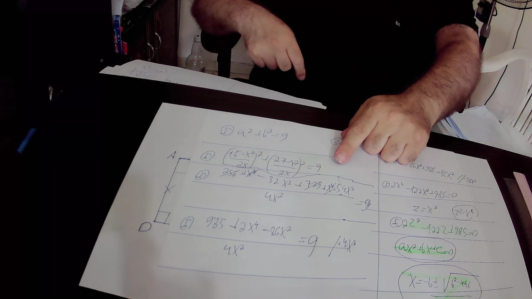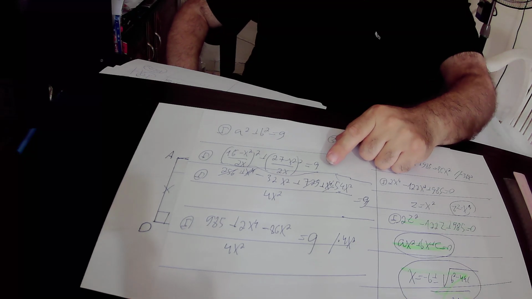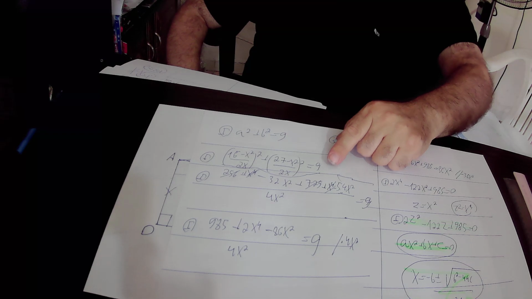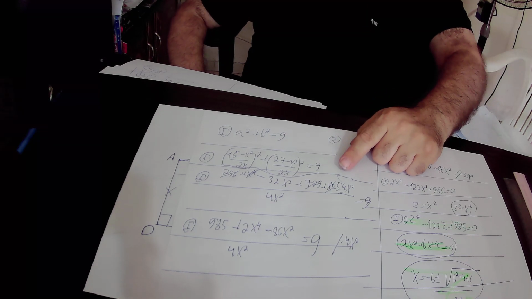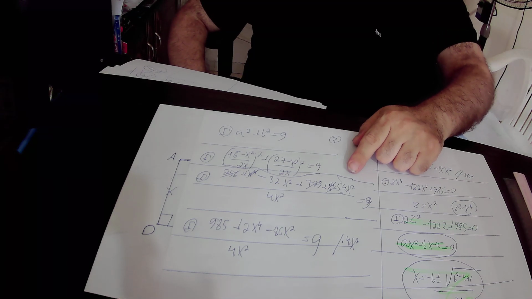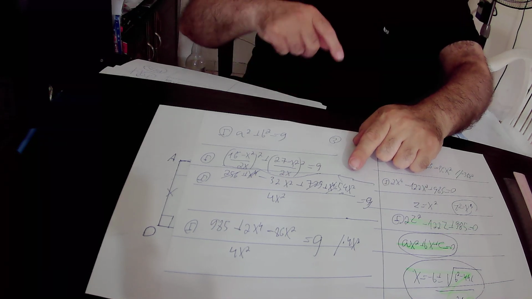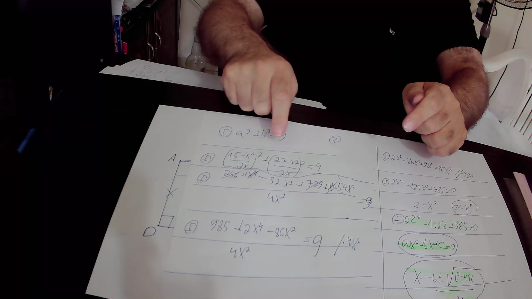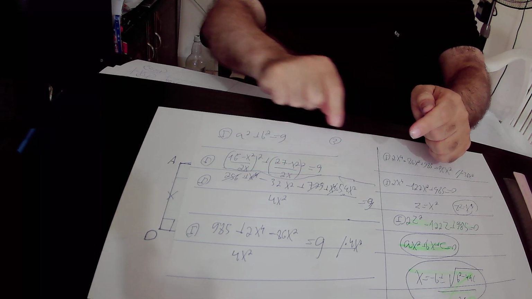We did it here, and (27 minus x squared) squared equals 27 squared, that is 729, plus x to the power of 4, minus 2 times 27 is minus 54 times x squared, divided by 2x squared, which is 4x squared, and it is equal to 9.